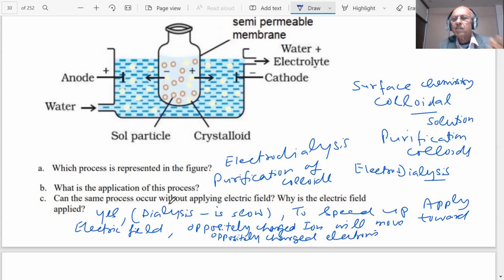Positive ions will move towards the negative plate, and negative will move towards the positive. So positive will move toward the cathode plate, negative will move toward the anode plate. This way the process of purification is speeded up, and that is what we call electrodialysis.